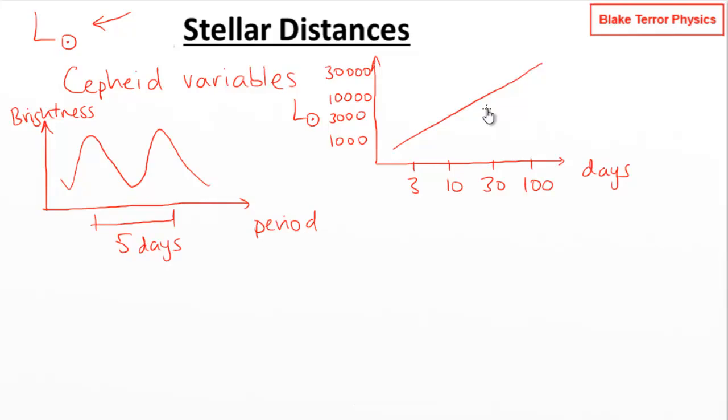And you get this straight line relationship between the luminosity and the period of oscillation. Of course, this does beg the question of, well, how did we find out the luminosity, seeing as this is what we're trying to nail down by working out these distances.